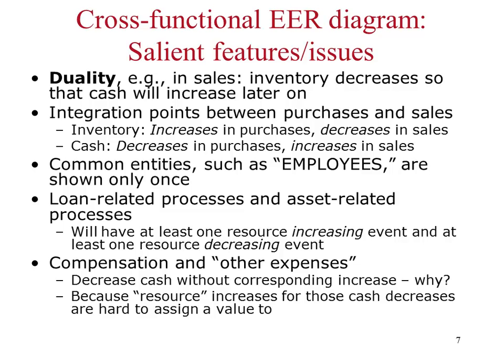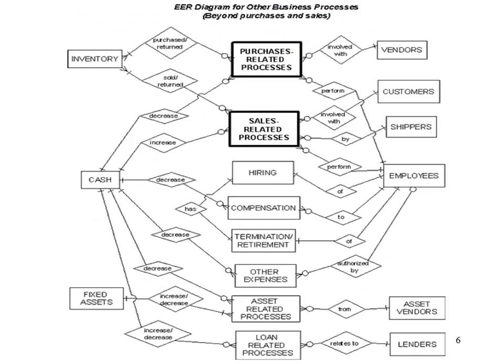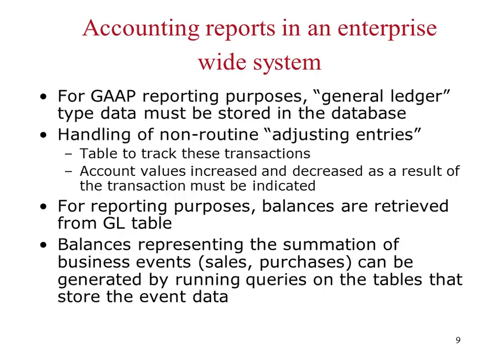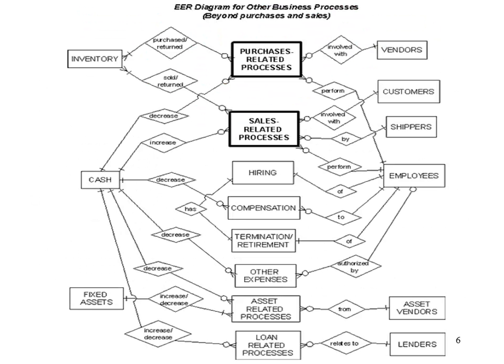So actually, let's just discuss that. If you follow the rules which we had for table creation from an ER diagram, you will get new tables. And that's not something really interesting. So let's talk about something else which is interesting. You have this ER diagram, so this is how your business should operate.